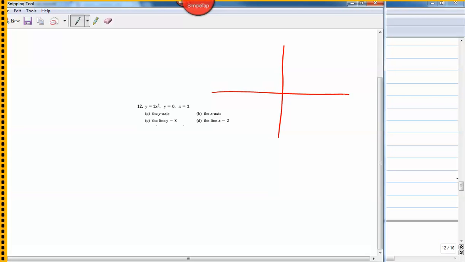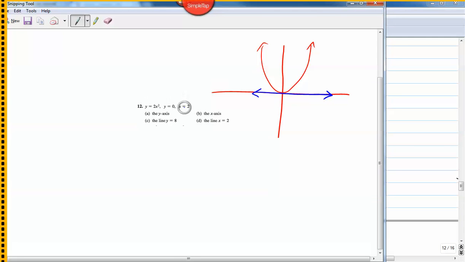So I'm just going to do a real rough sketch. It doesn't take a perfect graph to get these right. y equals 2x squared is one of these functions. That could be y equals 2x squared or y equals x squared, but for our purposes it's good enough. The line y equals 0 is going to be this line here, the x-axis.